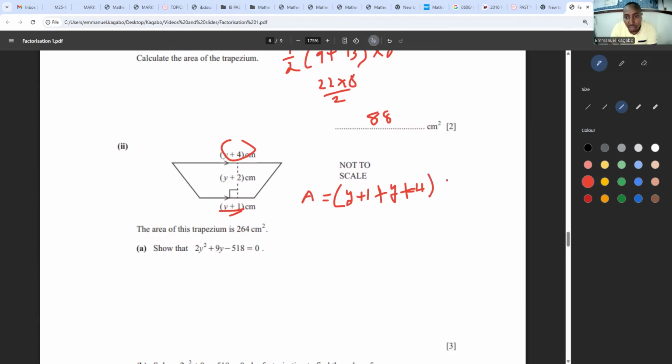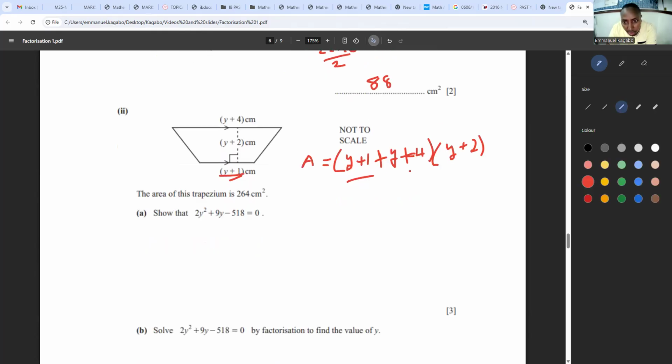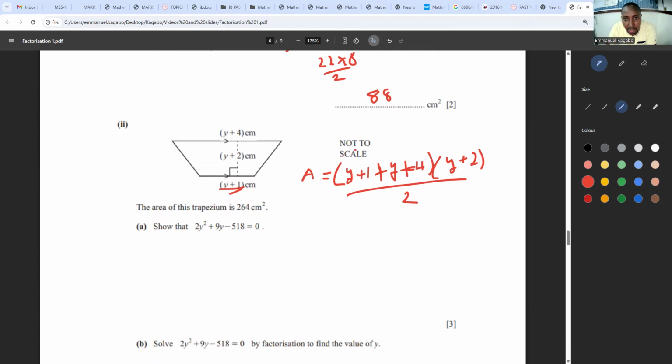The height is y plus 2. Very good question, guys. Put it in brackets, all of this over 2.